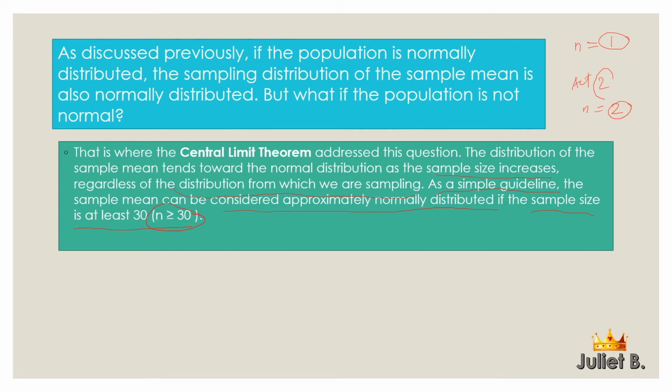Kaya naman kanina, mula sa population na 6, kumuha tayo ng sample, taken 2 at a time, ang nakuha nating possible sample ay 36, wherein pasok na dito sa definition ni central limit theorem, that the sample mean can be considered approximately normally distributed if the sample size is at least 30.